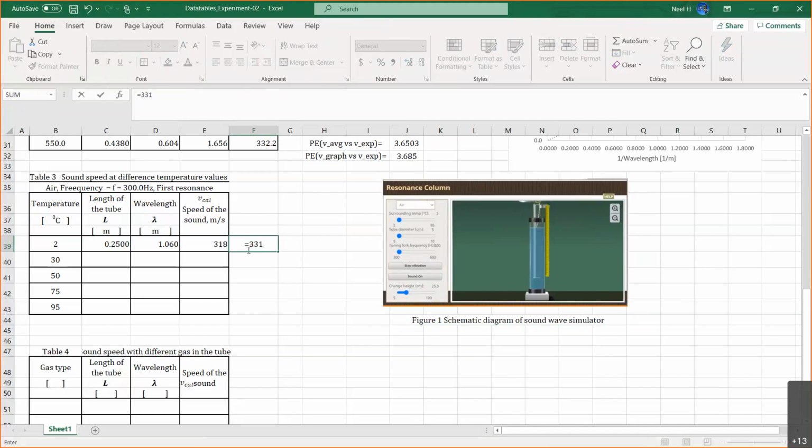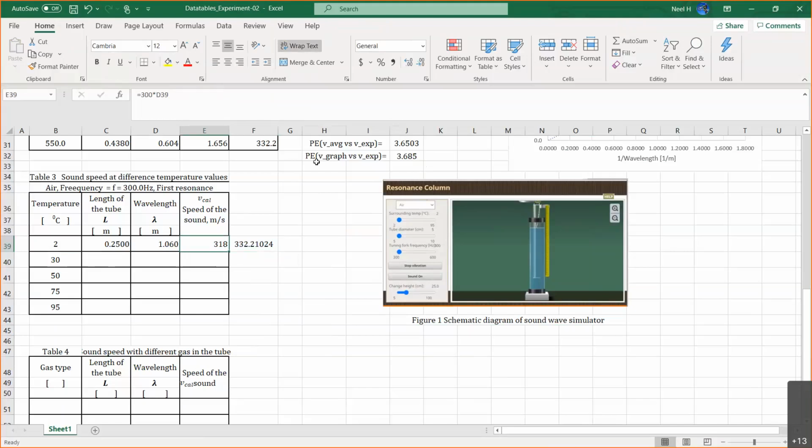Now this is at 2 degrees, right? 331 is also not the exact number. It is a rounded value. So it's 331 times SQRT of parentheses, 273 plus the degree value right here, close brackets, divided by 273, close brackets. So we are expecting about 332, but we are getting about 318.